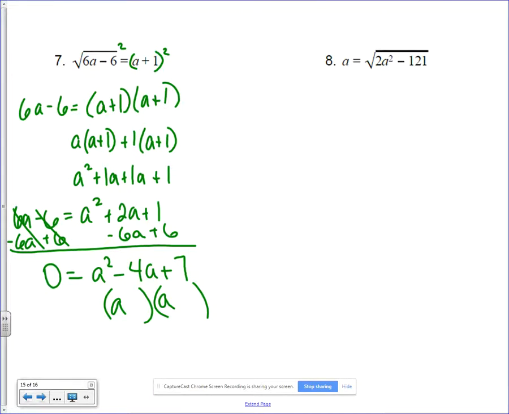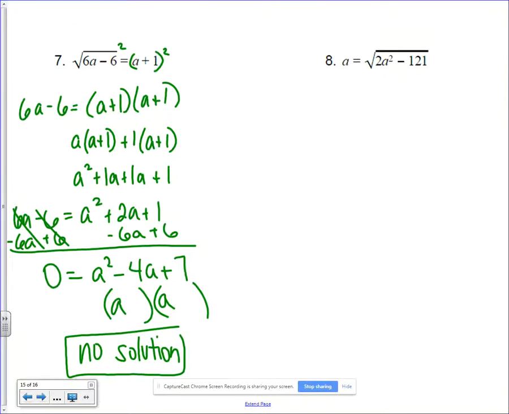Sorry, they don't add to 4 either, do they? No. There's no answer here because this is not factorable. There is no solution to this problem. It does not factor. Everybody okay with that? We're ready to go back and do the squared ones? No? You'll be all right.